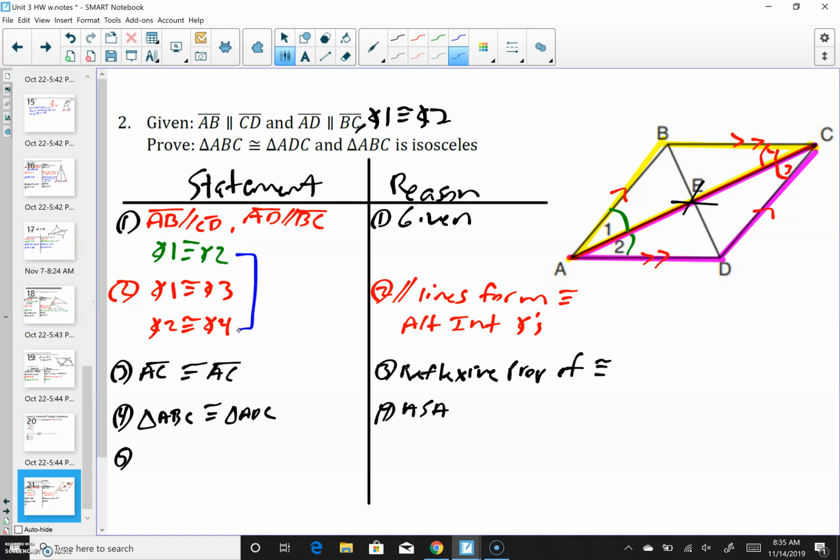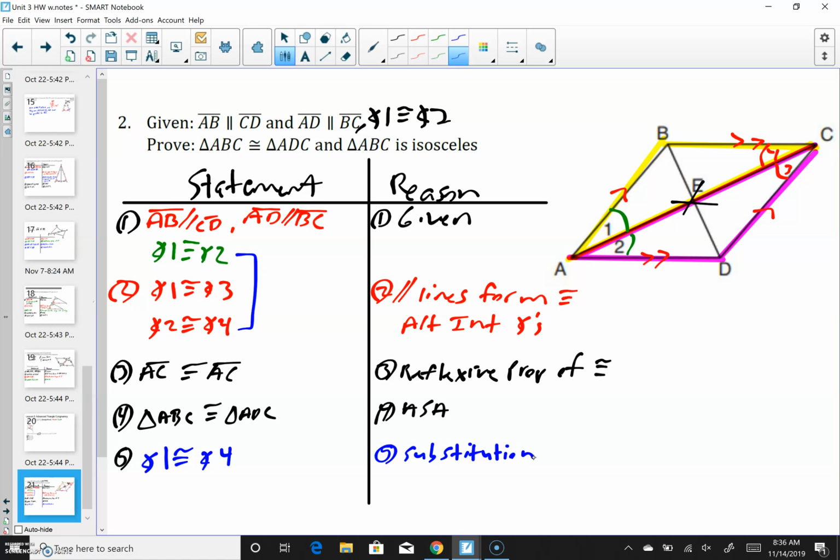We have angle 1 congruent to angle 2, and we have angle 2 congruent to angle 4. So if you remember, whenever you have two different angles, such as 1 and 4, that are both congruent to the same thing, we use substitution to say that our other two angles are congruent. Because both angle 1 and angle 4 are congruent to angle 2, they must be congruent to each other.